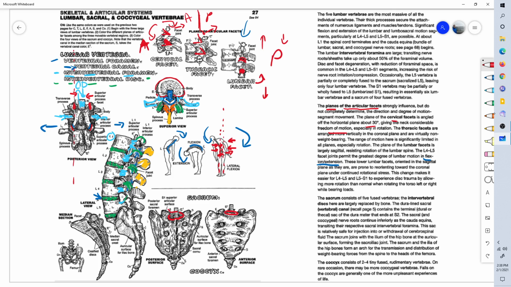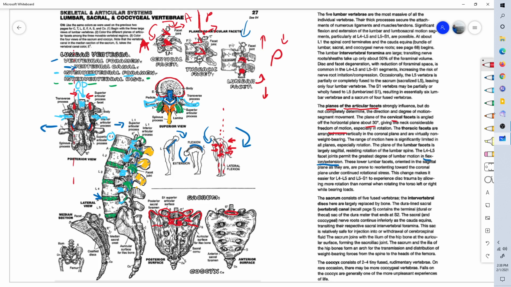Let's outline it. The superior articular facet of S1. Call it S1 because remember, once upon a time, this vertebra used to be a vertebra. And you can almost see the transverse process here. Wings, you see. This would have been the pedicle in here, probably. Oh, no, that would have been the lamina.